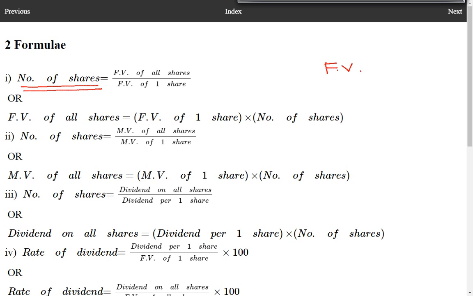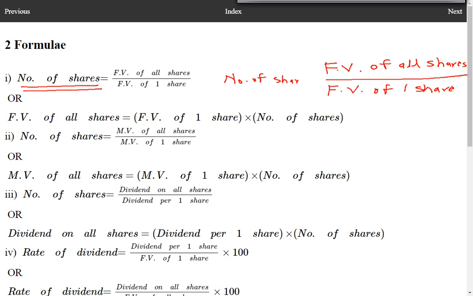So number of shares is equal to face value of all shares divided by face value of one share.